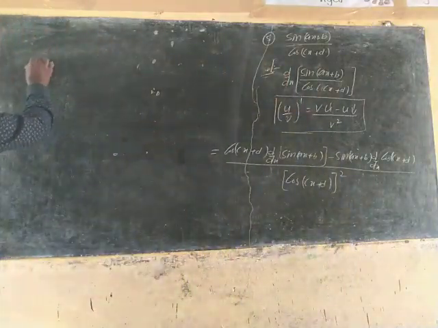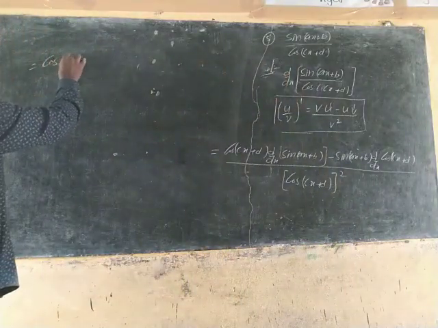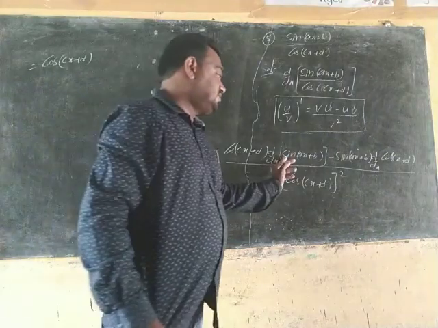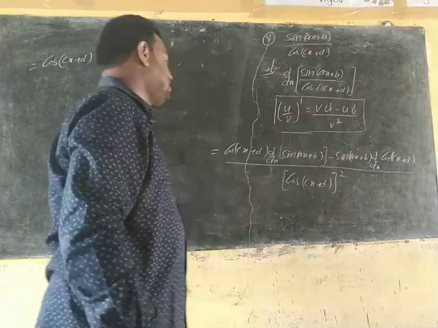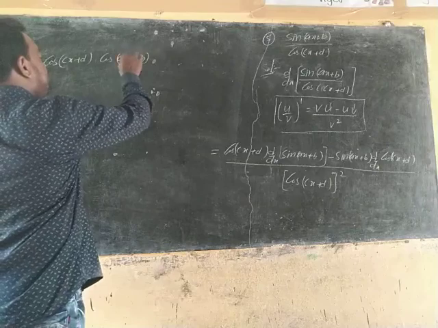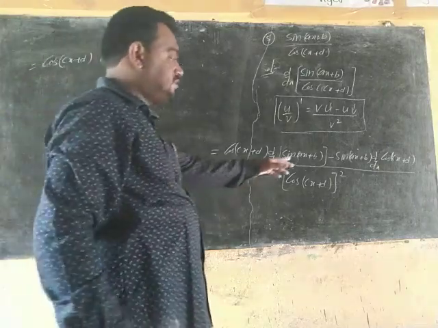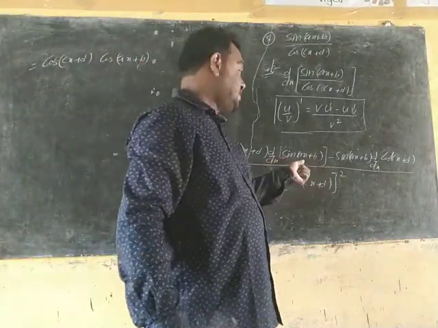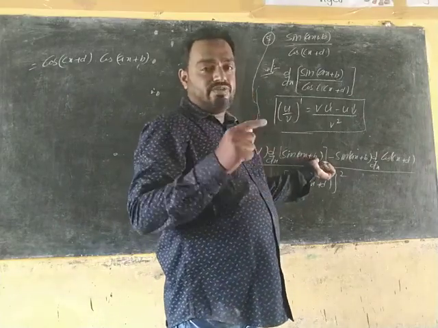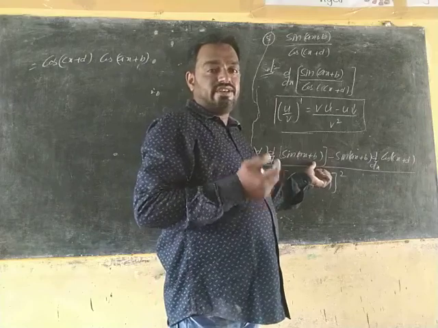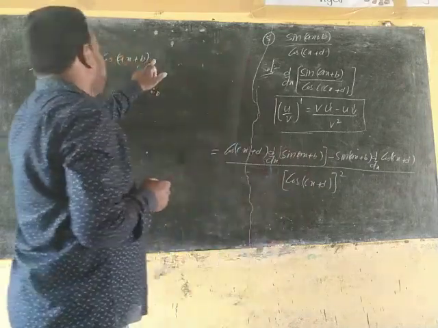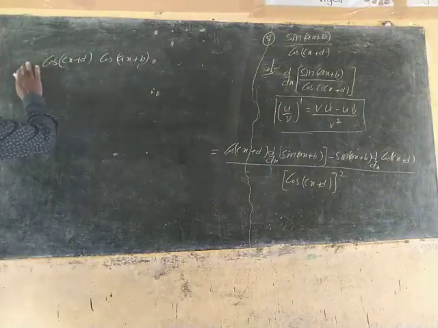Now that is equals to cos of cx plus d into sine function derivative, cos. So cos of ax plus b. Next, ax plus b derivative we need to write: a into x derivative 1, b derivative 0, a into 1 is a plus 0, total value a into a we are getting, I am writing here.